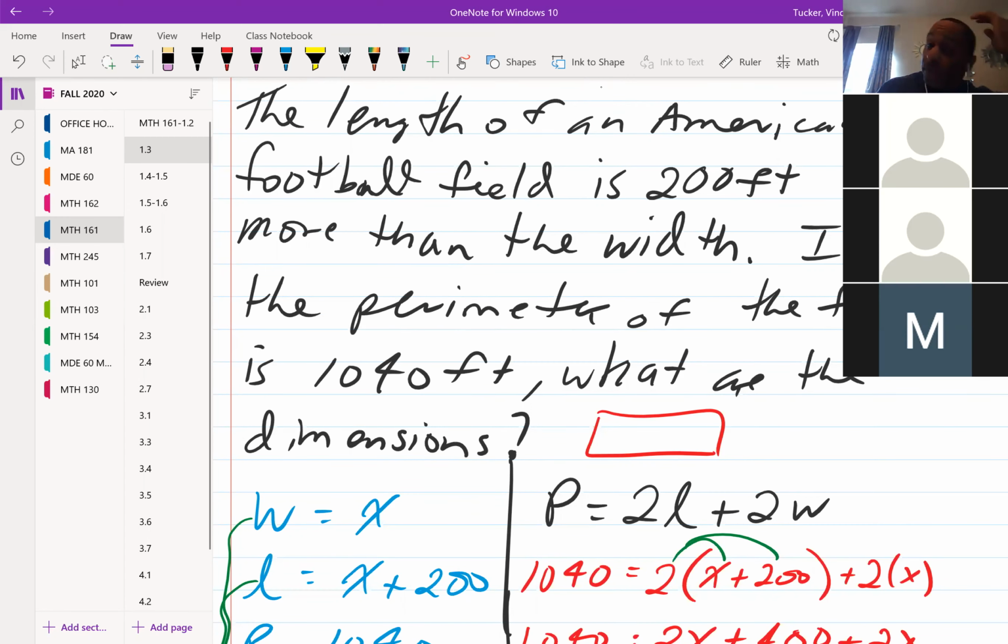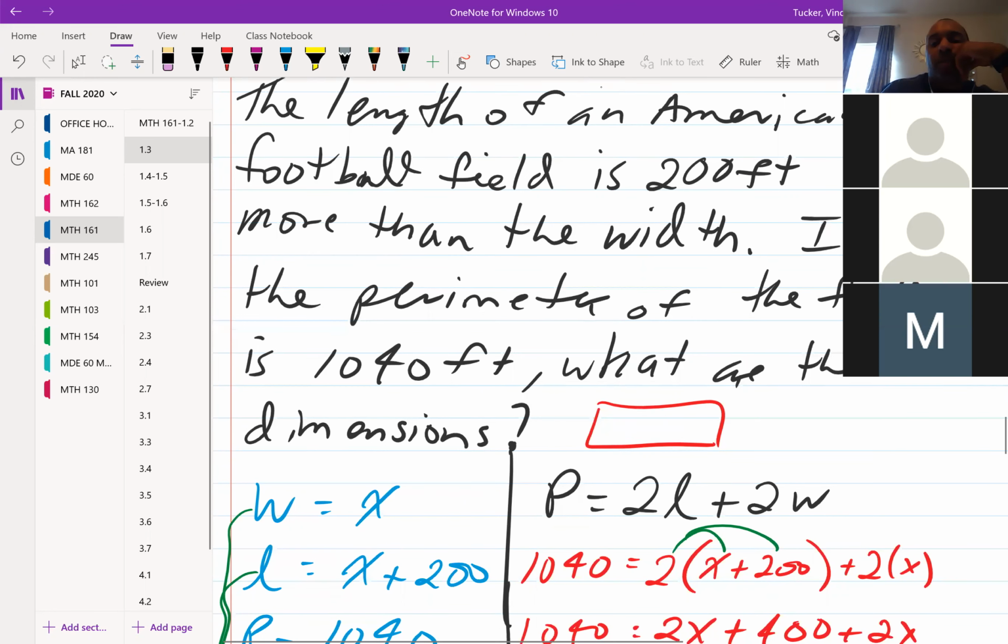All right, so we have a football field, American football field. You had to say American football field because worldwide football is soccer. So it's 200 feet more than width. And the perimeter of the field is 1,040 feet. What are our dimensions? So we're talking about a rectangle. If you don't play football, haven't seen a football field, we're talking about a rectangle.